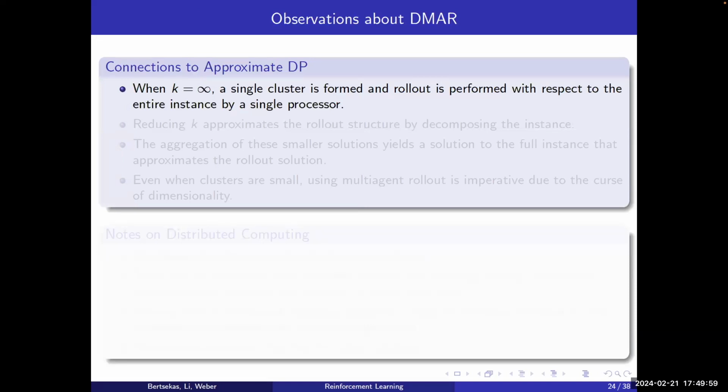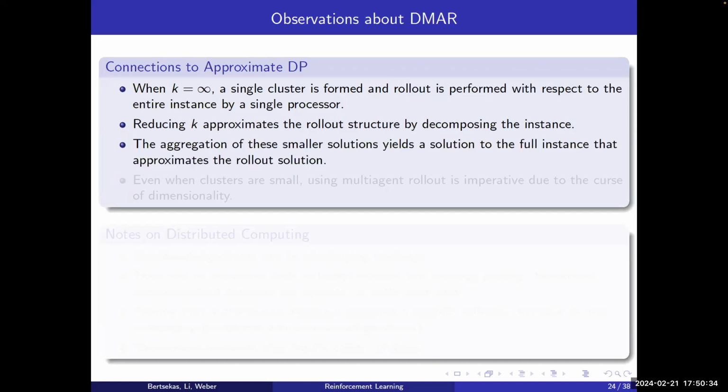So what are the connections to approximate dynamic programming? Here are some observations. I mentioned that when K is infinity, a single cluster is formed and rollout is performed with respect to the entire instance by a single processor. So if K is infinite, only one cluster is formed and the leader will perform multi-agent rollout on it. And it'll just be the same thing as MVRP. But reducing K approximates the rollout structure by decomposing the instance.